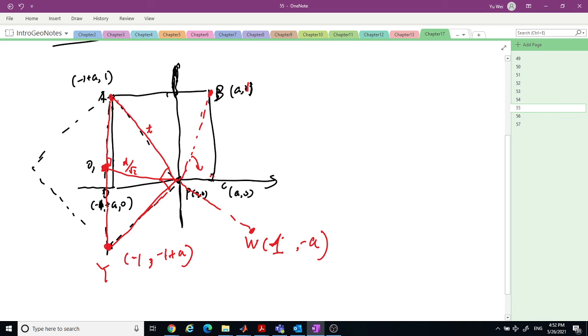But you can see the O1 is the midpoint of the A and the Y, right?